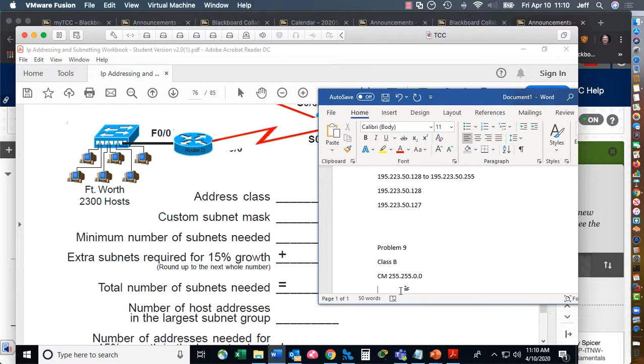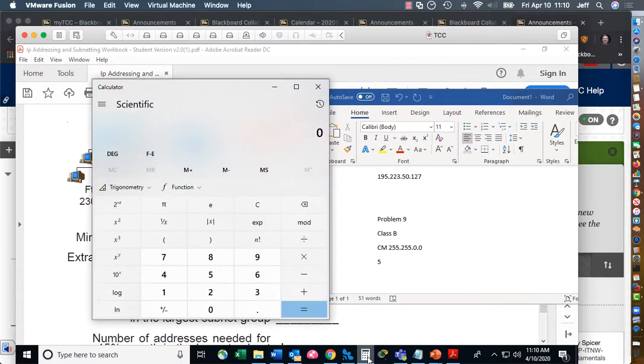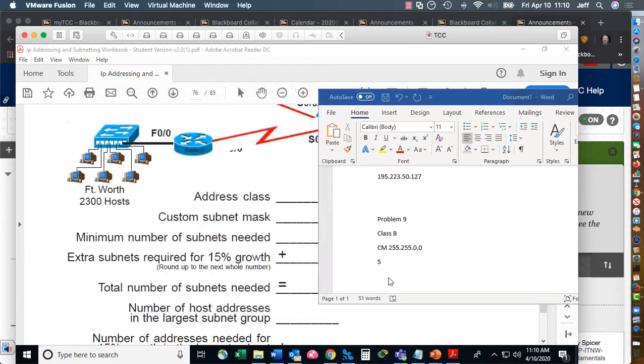Now, the minimum number of subnets we need is 5. And then 5 times 1.15, 15%, is 5.75. We round up, so we need 6.